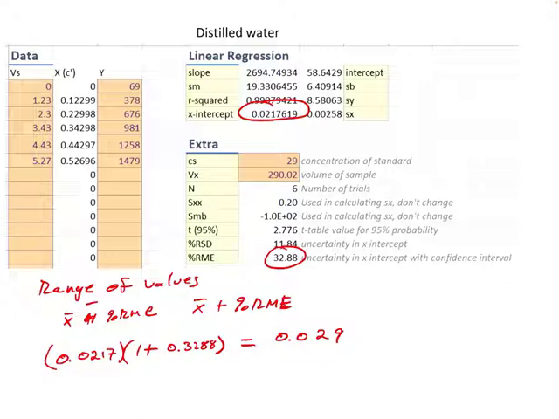And then we do the same thing, 1 minus 0.3288. And we get 0.015. So we're going to do that for the other two. If you want to pause this video and check it out to make sure that you know what you're doing, that's great. Otherwise, we can carry on.